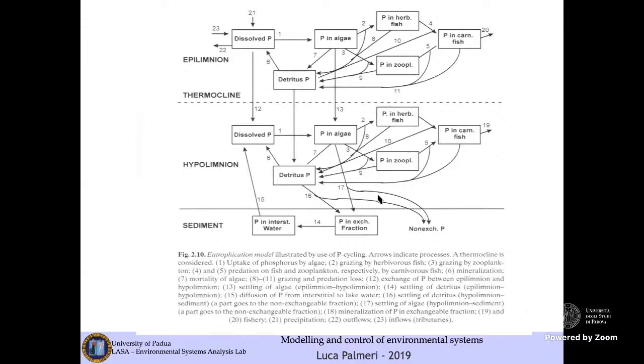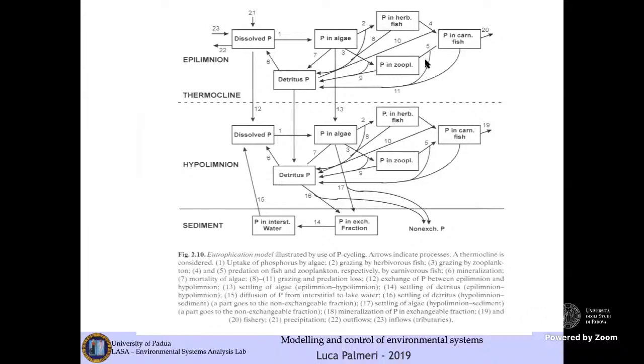The typical way of, for example, describing a lake eutrophication problem. This is a model describing lakes. In this case, the currency is phosphorus. So we look at the dissolved phosphorus, phosphorus in algae, phosphorus in detritus, phosphorus in herbivorous fish, and so on. Each box corresponds to a state variable, and arrows correspond to processes linking the different state variables.